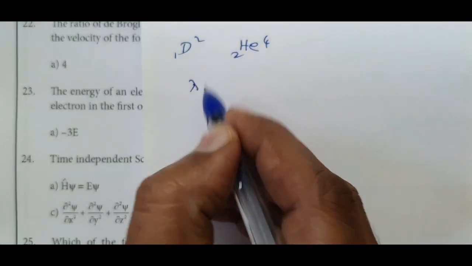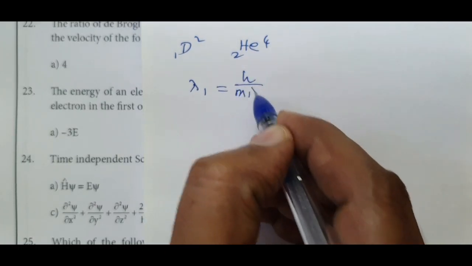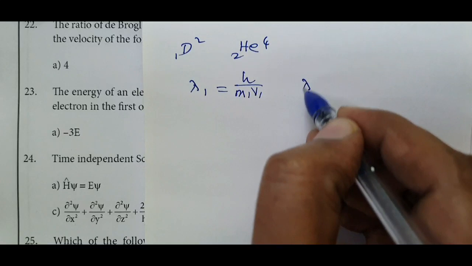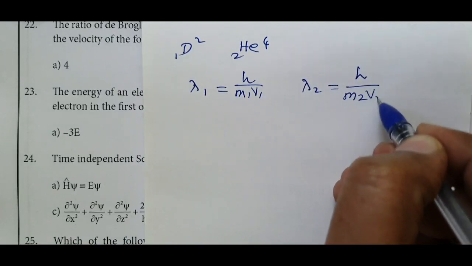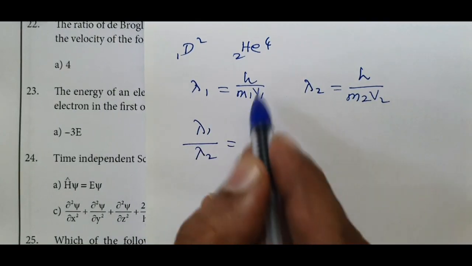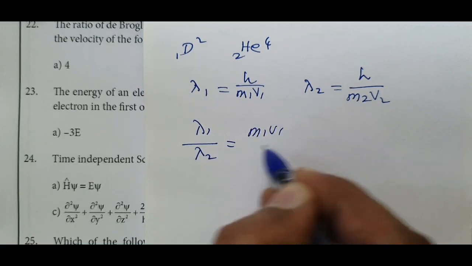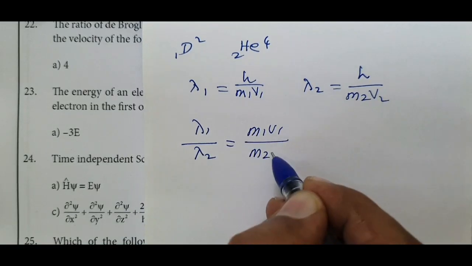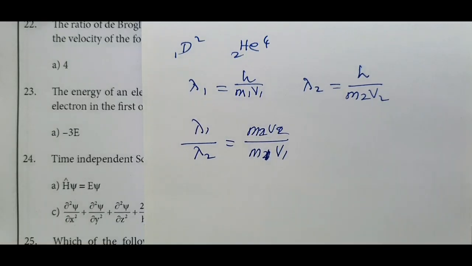Lambda 1 for deuterium equal to h by M1 into V1. Lambda 2 for alpha particle is h divided by M2 into V2. Ratio lambda 1 divided by lambda 2 equal to reciprocal of this, M1 V1 divided by M2 V2, that is M2 V2 by M1 V1.